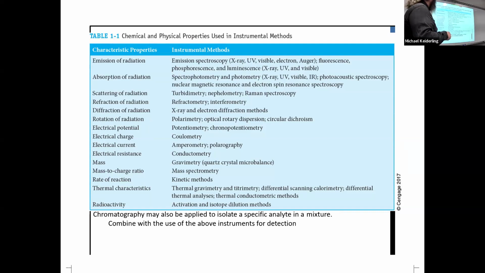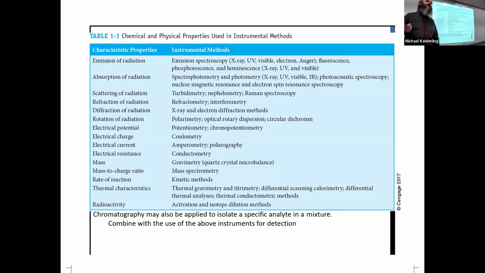Electrical potential is things like potentiometry and chronopotentiometry. Electrical charge is coulometry. Electrical current is amperometry and polarography. Electrical resistance is conductometry. Mass is gravimetry, so weighing things. Mass spectrometry measures mass to charge ratio.